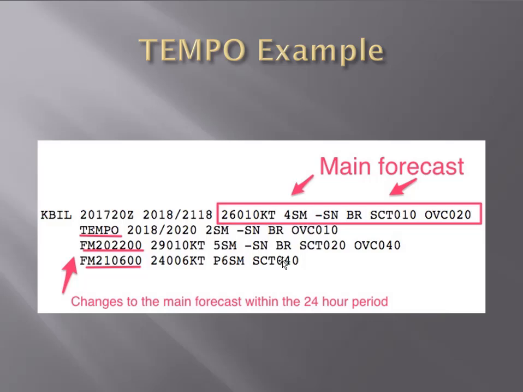So when a meteorologist writes a TAF, they basically have to take into account what are the main information items that an airport manager or a pilot really needs to know in order to maintain overall safety and continuity and make sure things flow really, really nicely.